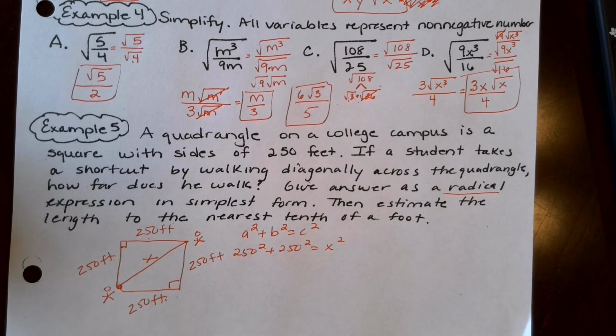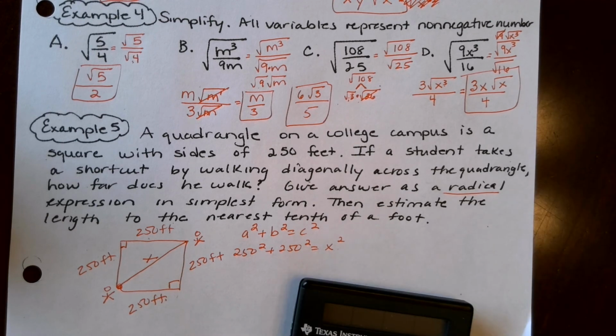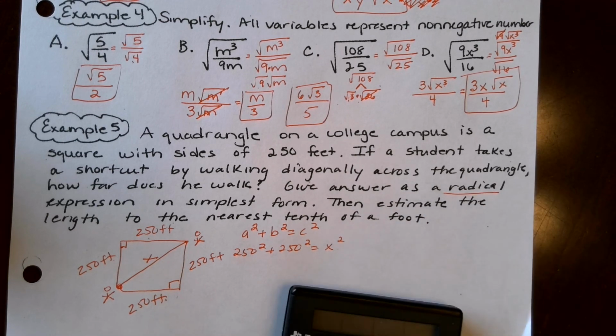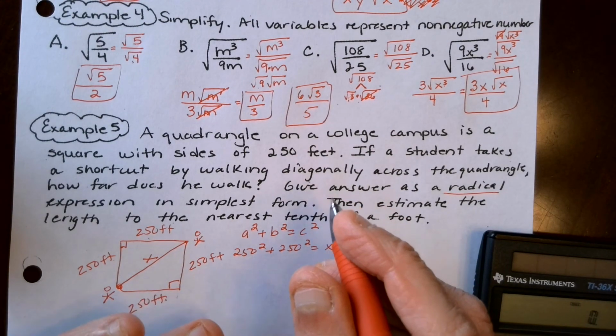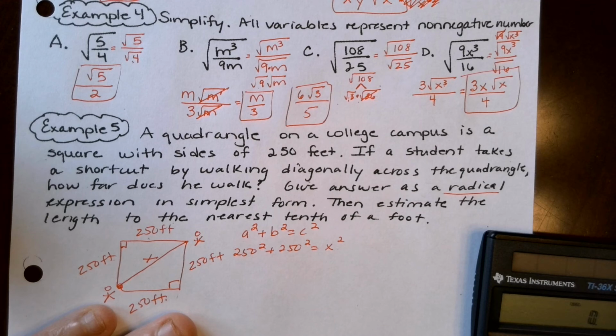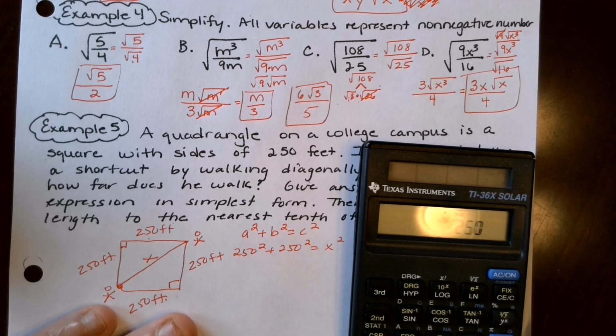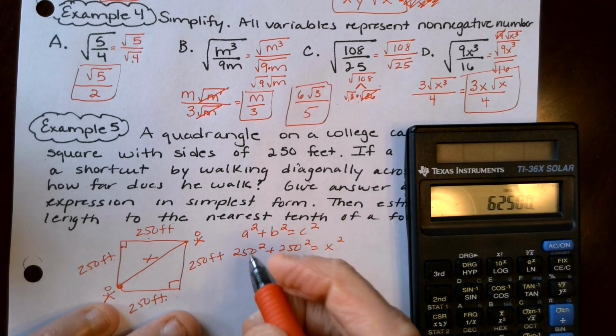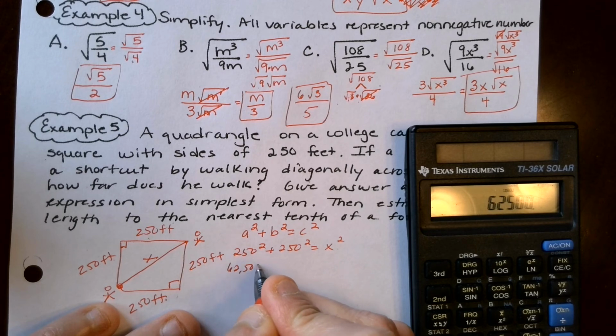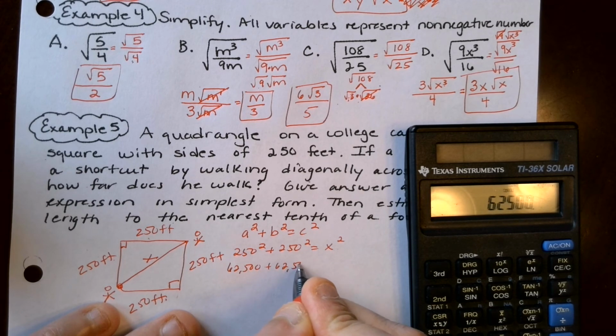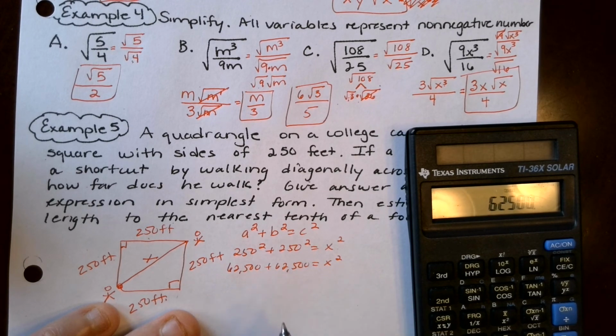So we can go ahead and, okay, so 250 squared, 62,500 plus 62,500 equals x squared.